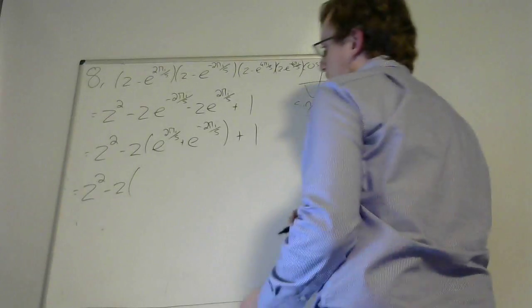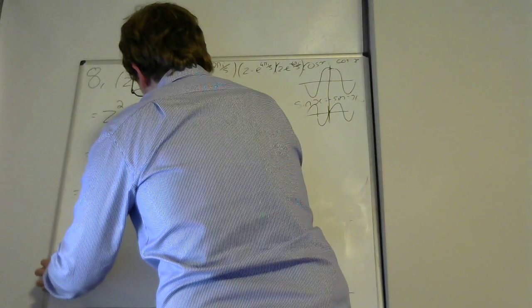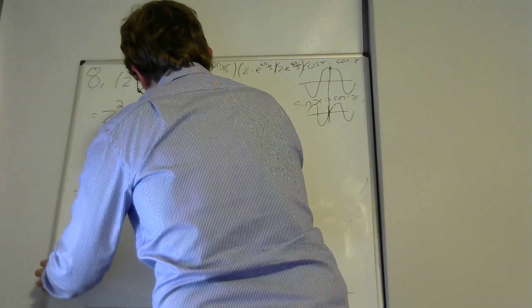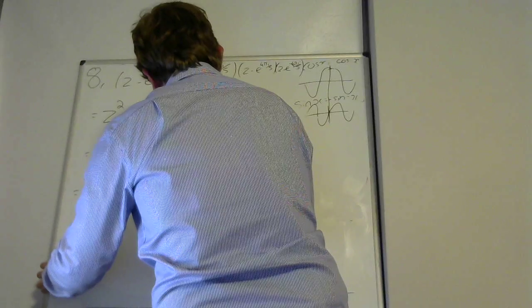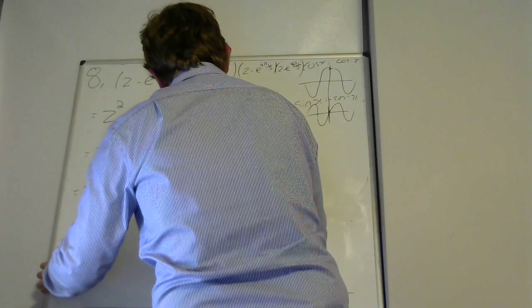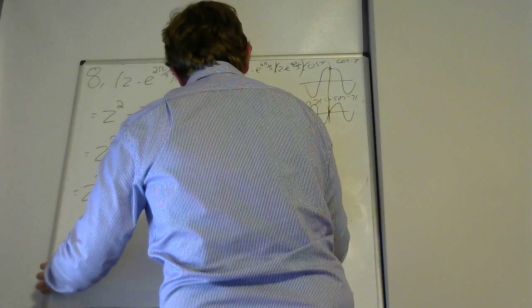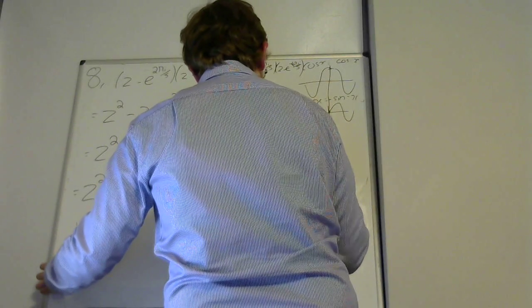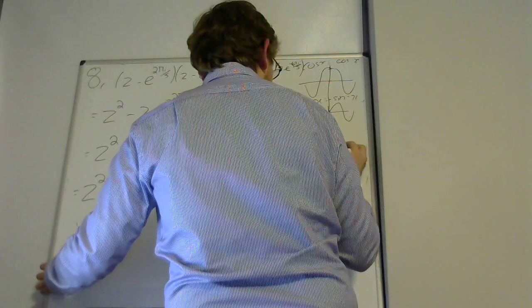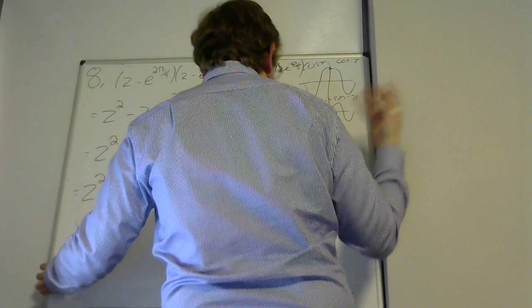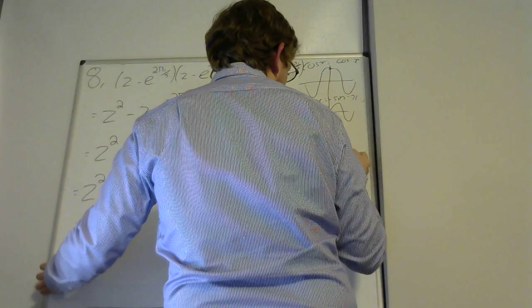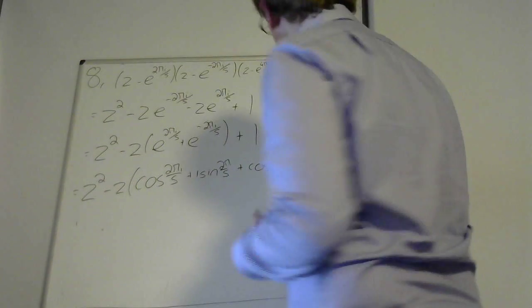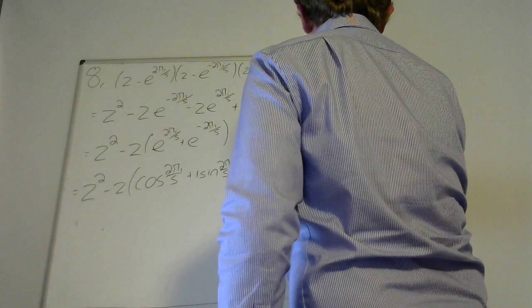So minus z lots of cos of 2 pi on 5 plus i sine of 2 pi on 5 plus cos of minus 2 pi on 5 plus i sine of minus 2 pi on 5, and then plus 1 as well.